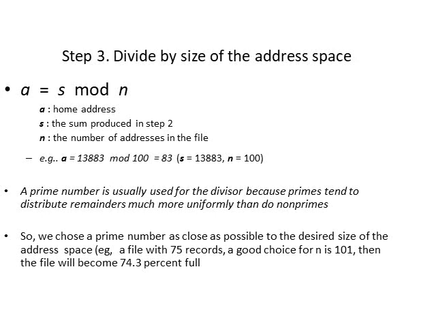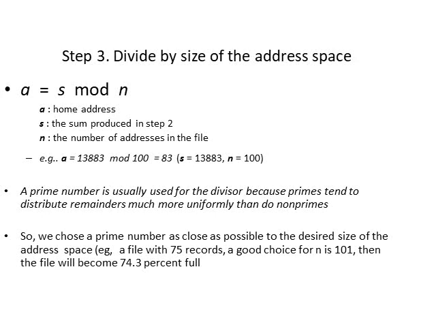So always in step 3 we refer to the address space, but instead of that, if you consider a nearby prime, that will be a better option. Suppose you have 75 records, so n is 75. Instead of 75 take the nearby prime number, that is 101. So if I have 75 records, then 101 I need to use.